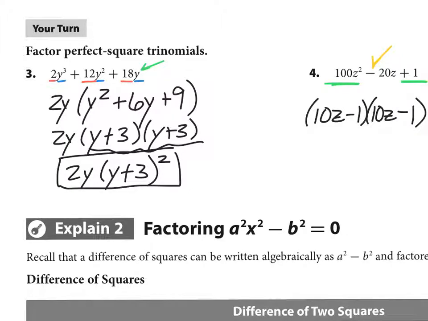So let's just do our FOIL to check. 10 times 10, 100. 10 and negative 1 is negative 10. Negative 10, that would give me negative 20. Negative times negative 1 would give me positive 1. So that's correct.